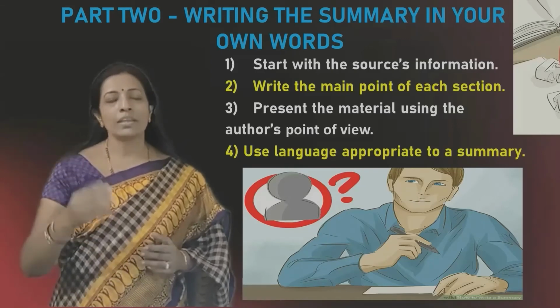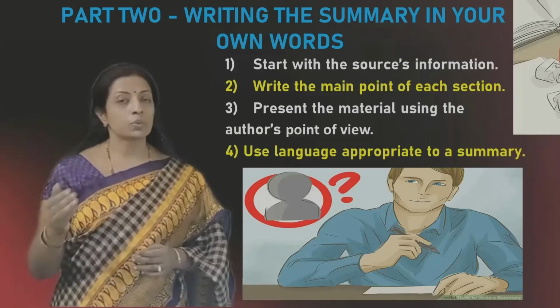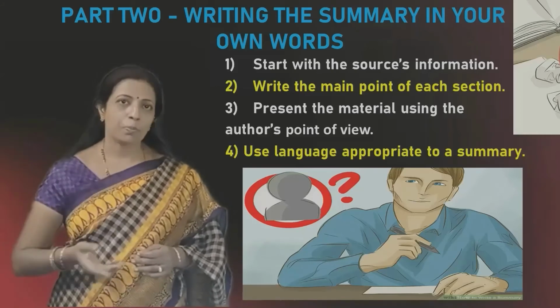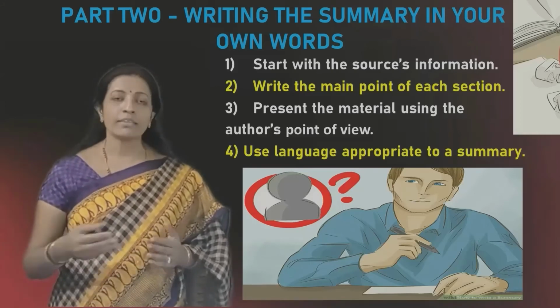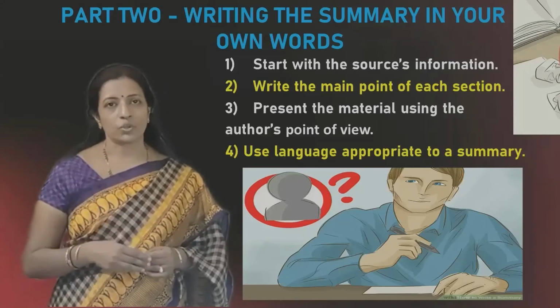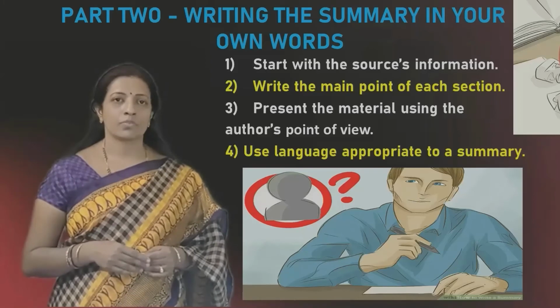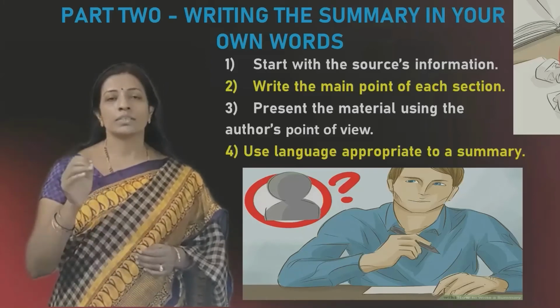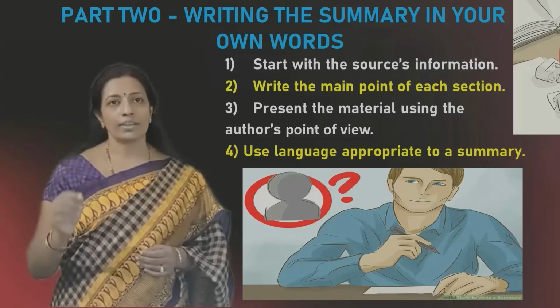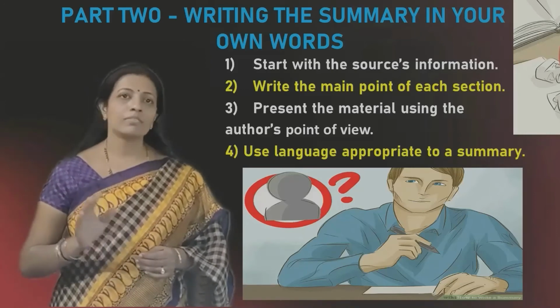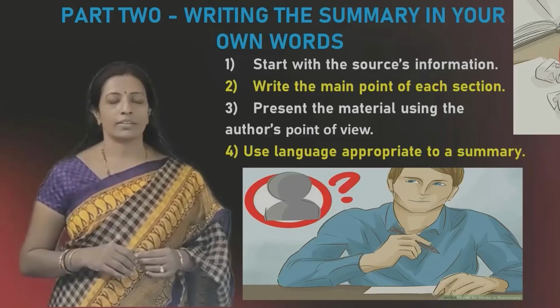Then present all this material through the author's point of view. So here you are not giving your opinion about the text, but what you have understood, that what the writer actually wants to tell us. So whatever you write in your summary should not change the meaning of what the writer has mentioned in the original text. Please be very careful regarding this.